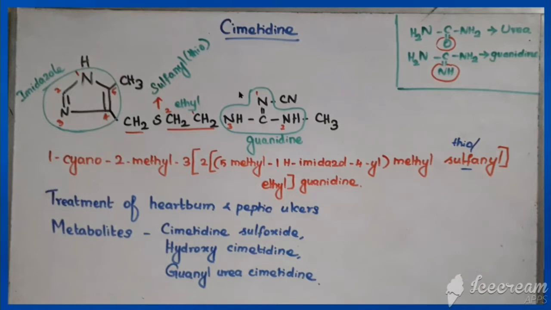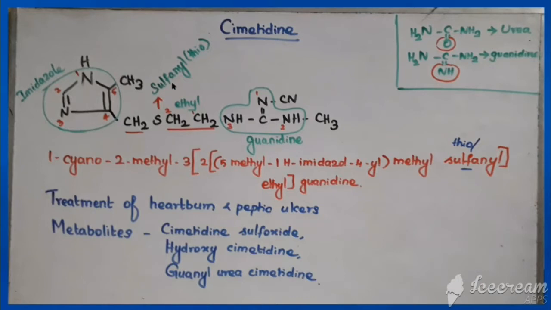What is the basic parent for cimetidine? That is guanidine. This nitrogen is the first nitrogen, this is the second nitrogen, this is the third nitrogen. So we'll see the chemical name. Here the first nitrogen is attached to cyanide, that's why it is called 1-cyano. The second nitrogen is attached to methyl, so 2-methyl, and the whole group is attached to the third nitrogen, that's why 3, open bracket.